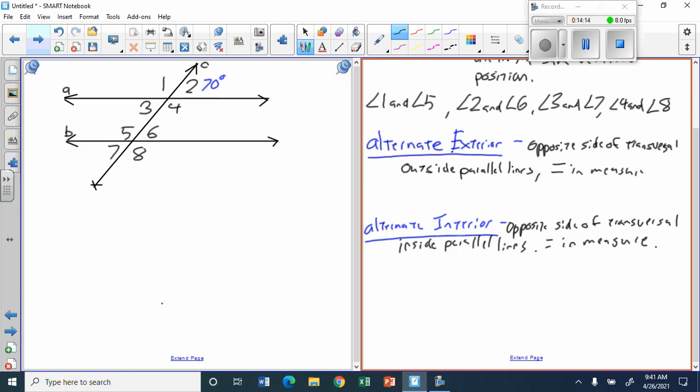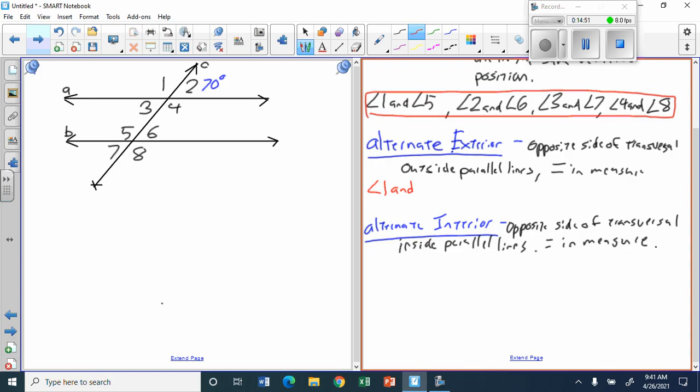So, if I look at the exterior angles, they are going to be 1, 2, 7, and 8. Does that make sense? Because exterior is going to be outside. So, let me use examples here. I'm going to put a box around this because these are my examples. I'm going to use red for this one now. Angle 1, opposite of the transversal, same measure.